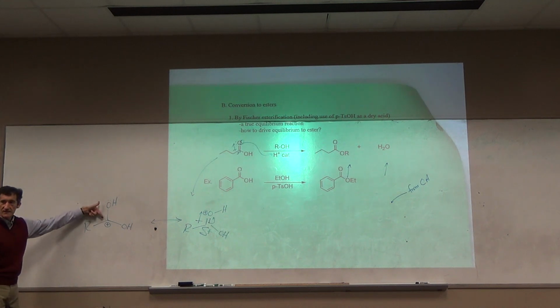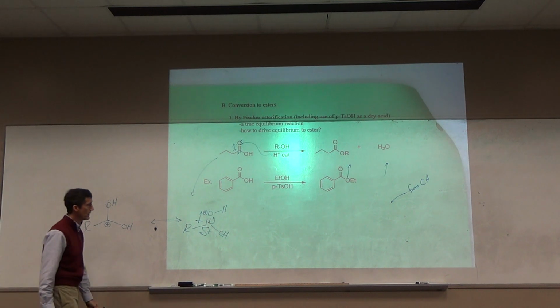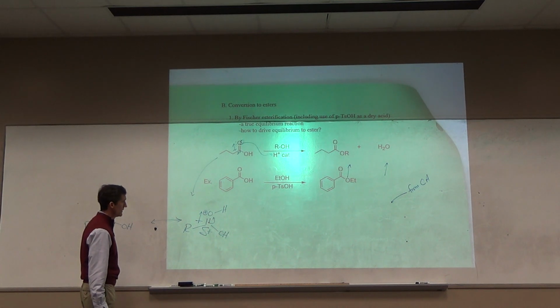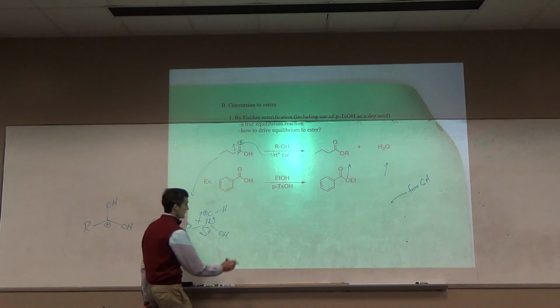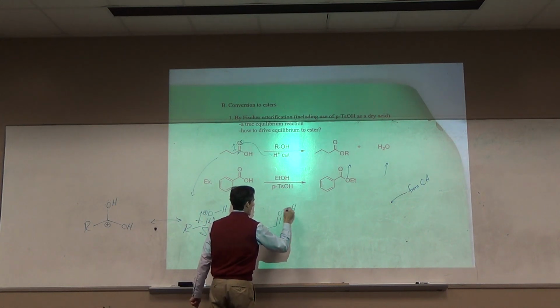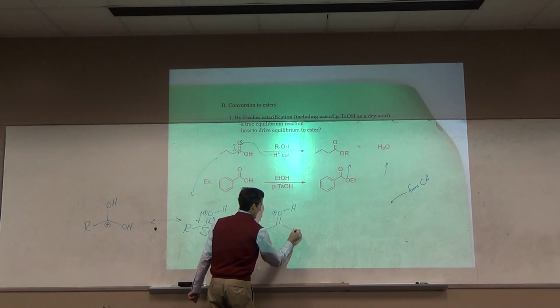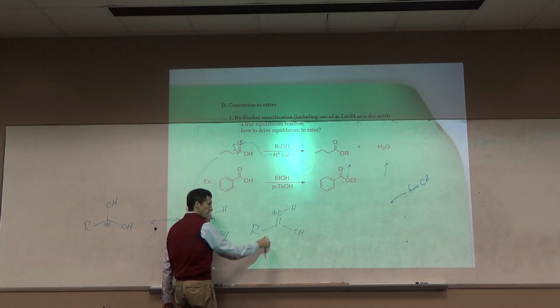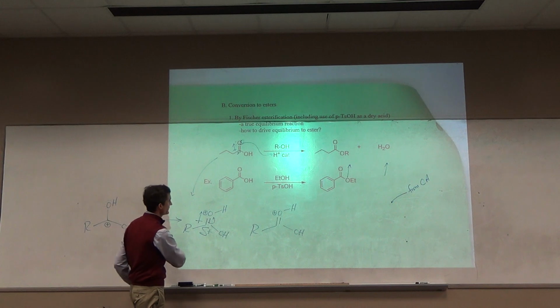And this shows us that that carbon has lots of partial plus character. I'm going to redraw this to just clean it up here. Lots of partial plus character here. Many ways to consider it.